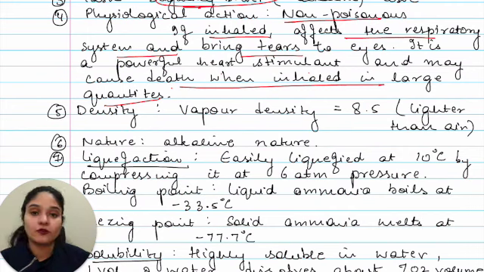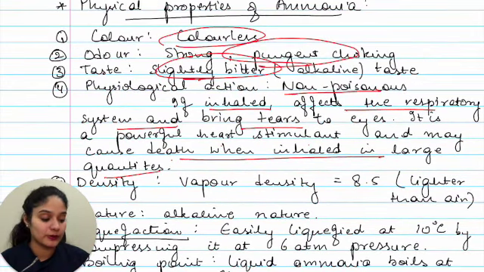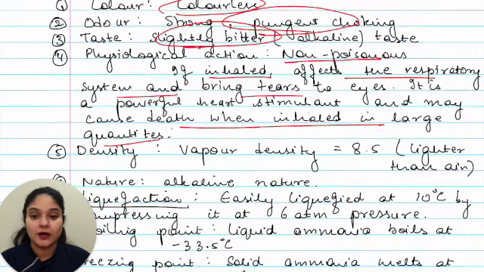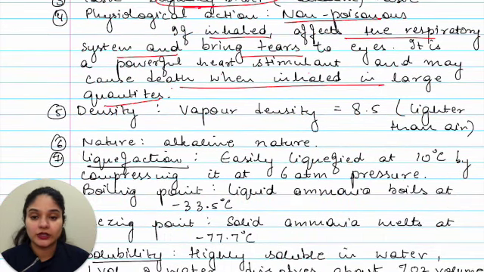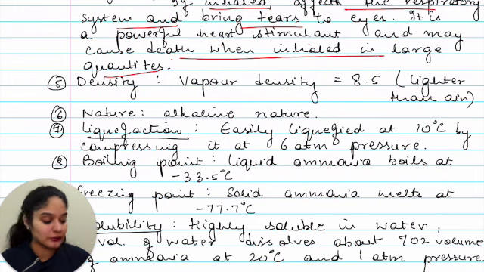You do not have to remember all the physical properties. The only things you have to remember are the color, the odor, the taste, and the nature, which is alkaline. You don't have to remember the density.